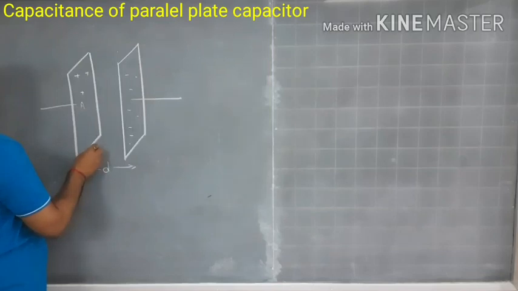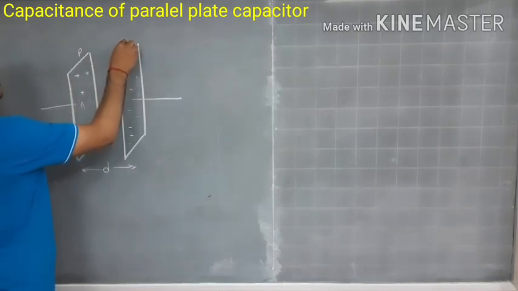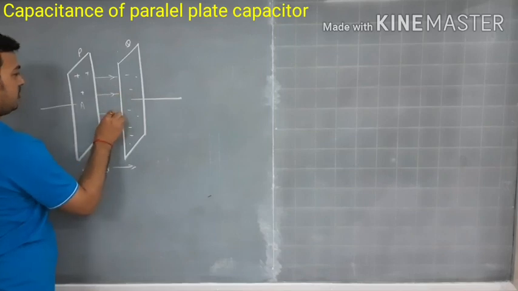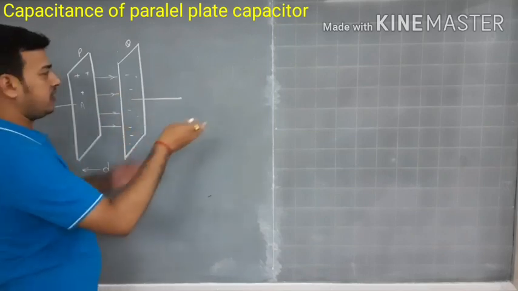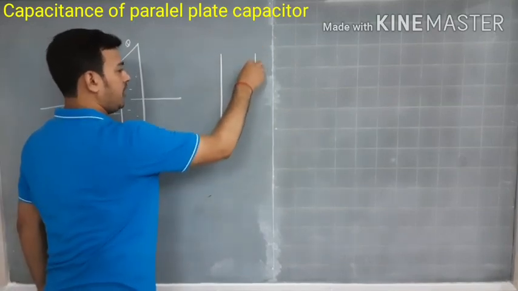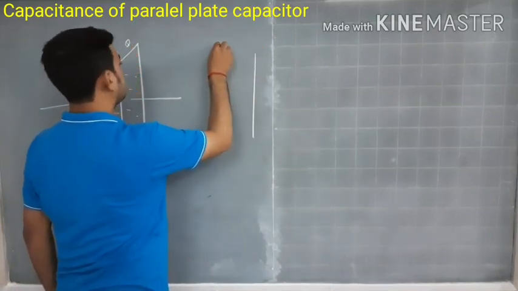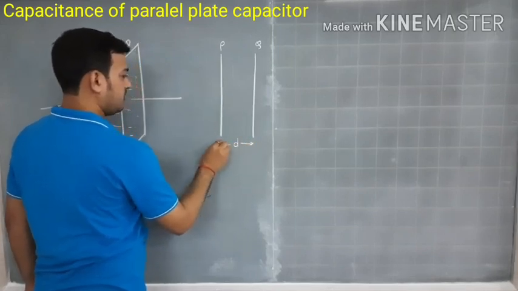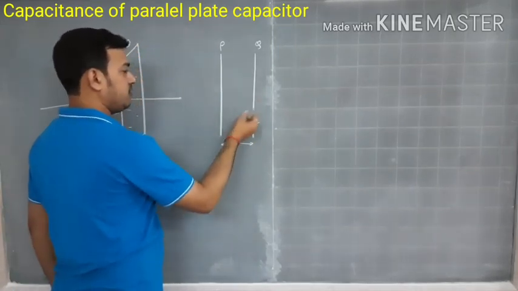Suppose this is my plate P, this is my plate Q, so the field will be almost uniform. It will be better if I draw a side view of this. So you have these two plates P and Q, and they are separated by a distance d, that is very small.